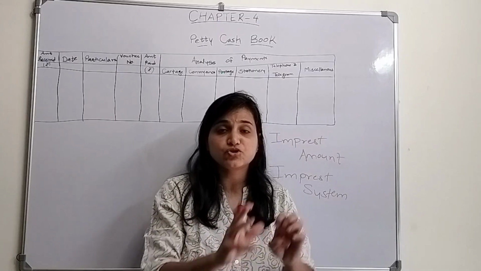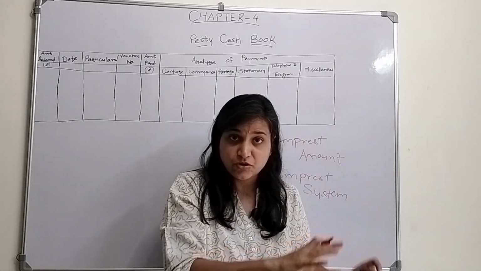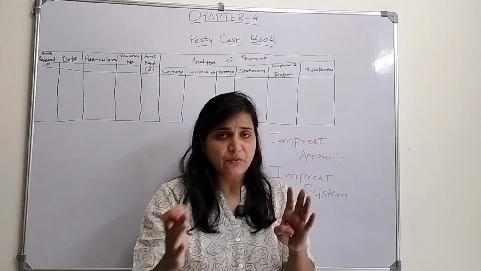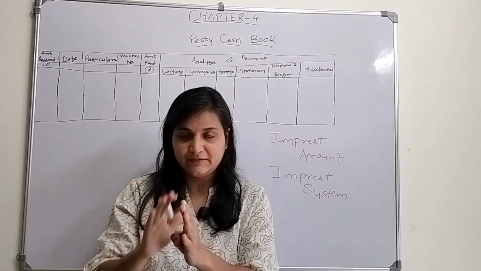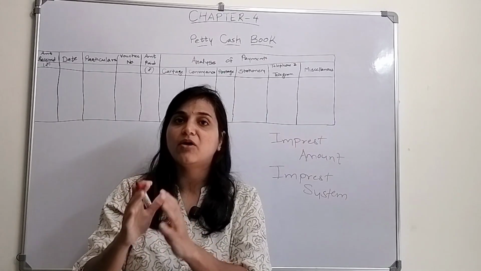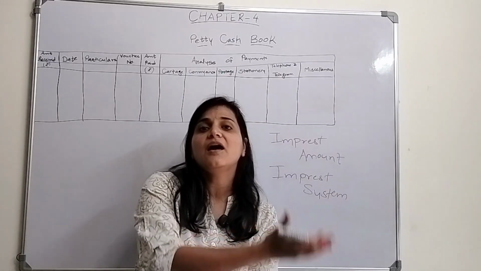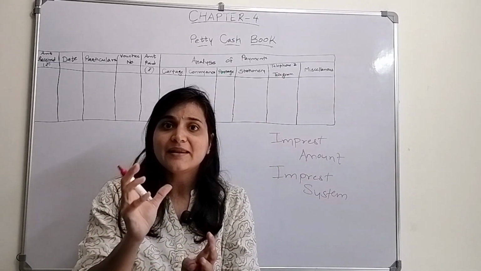So here the main cashier is relieved. He is not supposed to maintain all these transactions in the main cash book. He will give a small amount based on the requirement to the petty cashier. After a week, when a significant amount is spent on petty expenses, he will again ask for the balance amount.